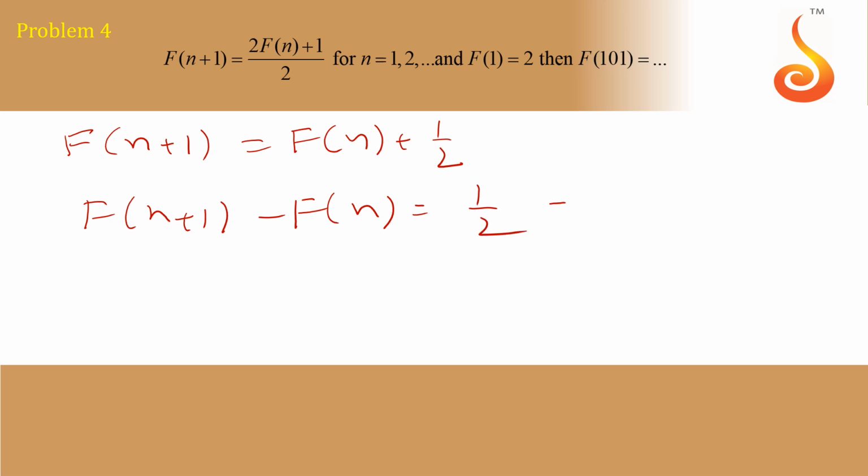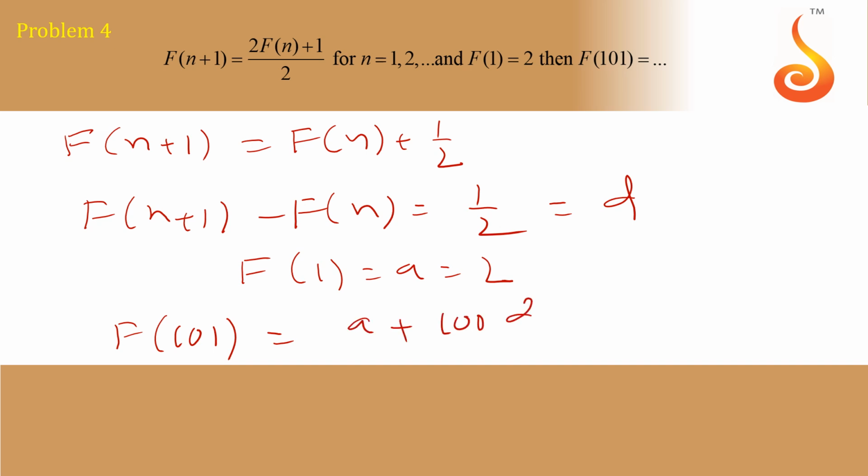Very clearly this is nothing but d, and f of 1 is nothing but a, which is 2. Then f of 101 is nothing but a plus 100d, which is 2 plus 100 into half, that is 50, which is 52. That's all. It's a very simple question.